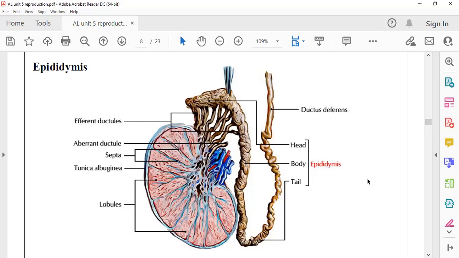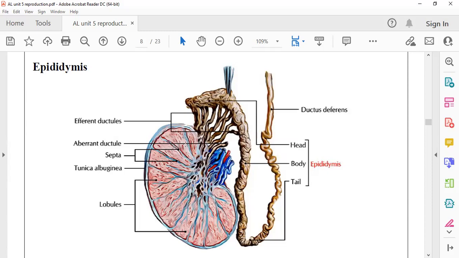This is the epididymis situated on the testis, connected to the testis. Those ductules connecting the epididymis and testis are actually connecting the seminiferous tubules and the epididymis.